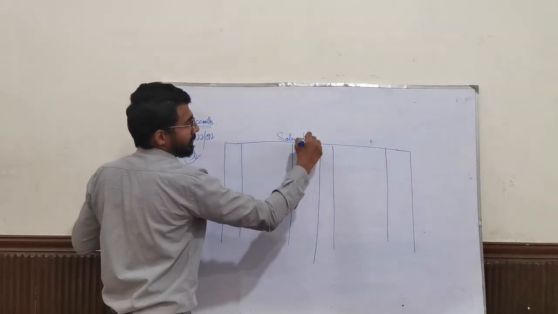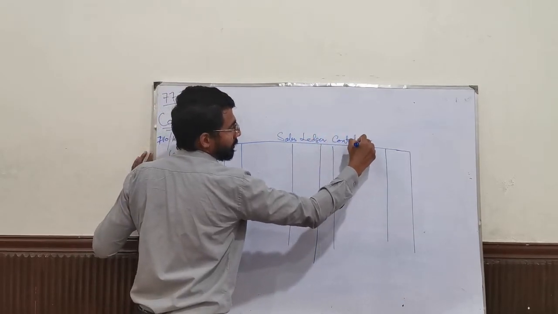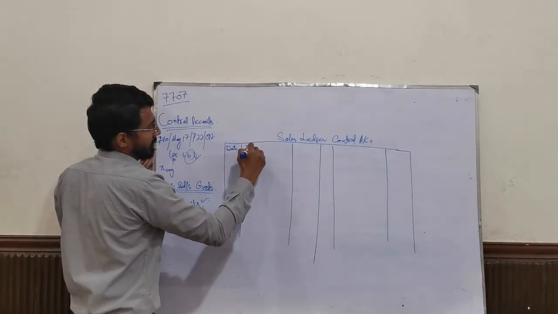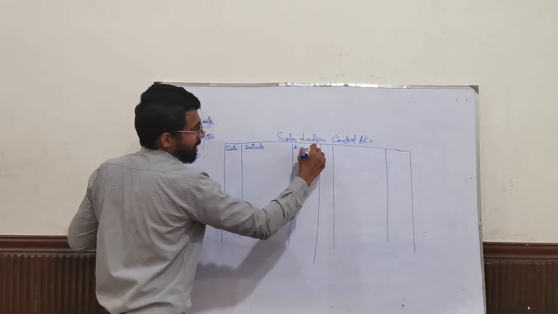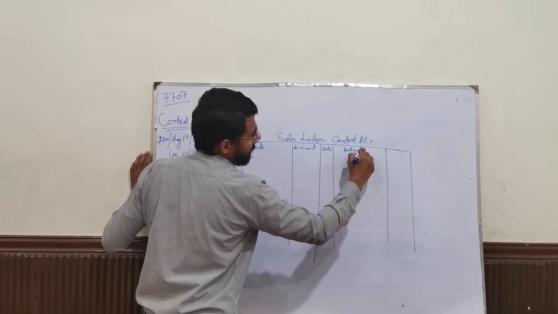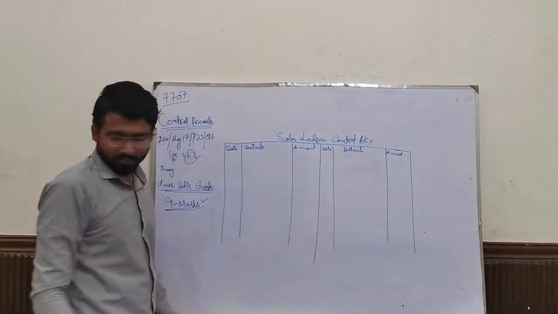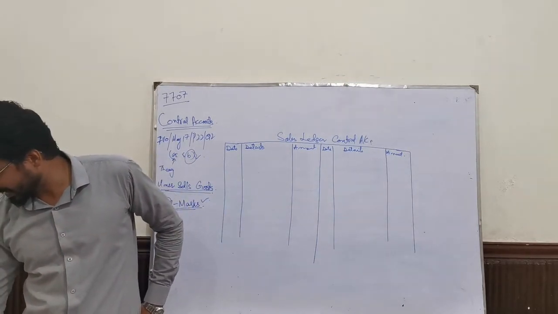Sales ledger control account, date, details, amount, date, details, and amount. The question says Umar sells goods on credit and maintains a sales ledger control account.